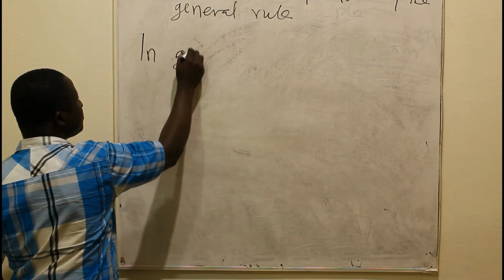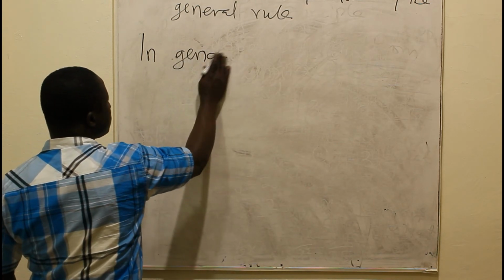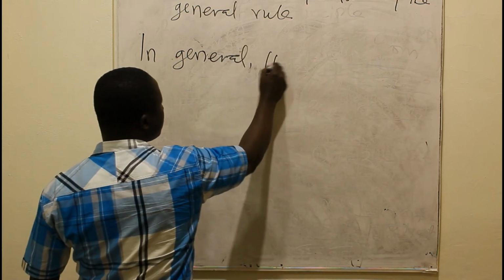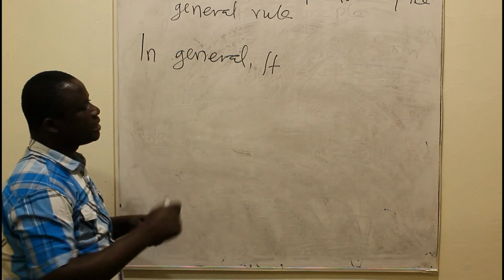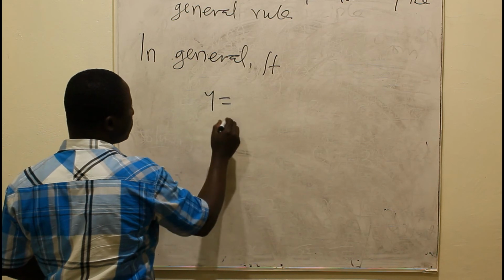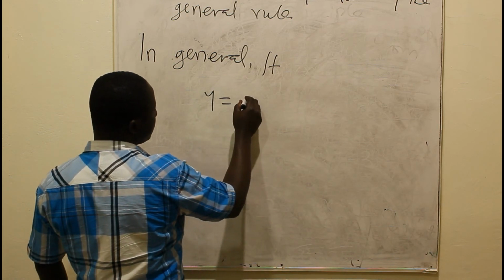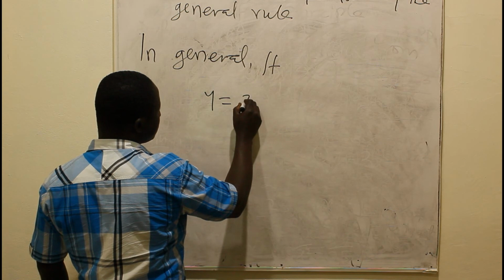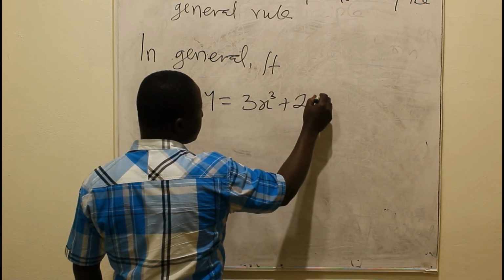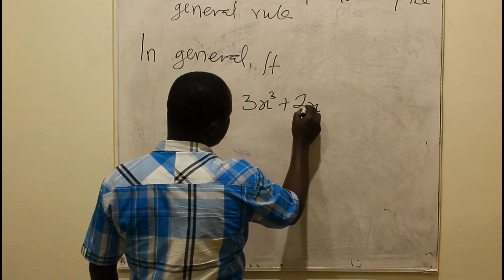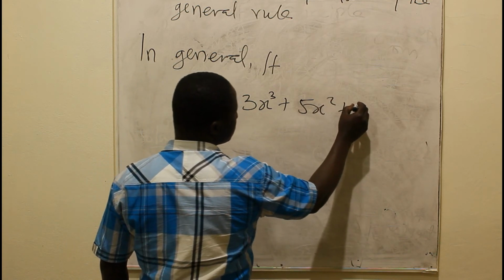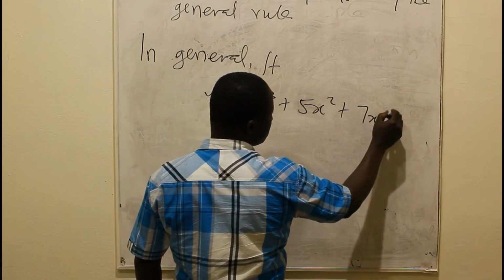In general, if you are to differentiate a polynomial function of the form y equals 3x power 3 plus 2x power, let's change the function to say 5x power 2 plus 7x plus 1.